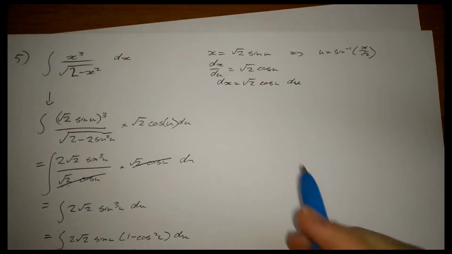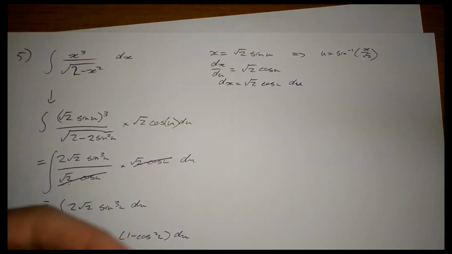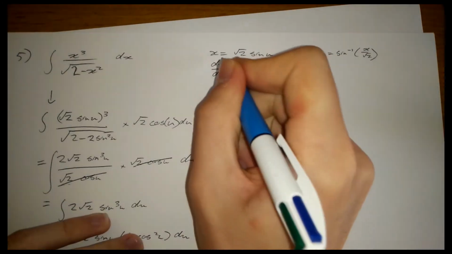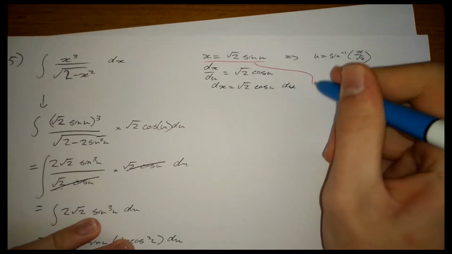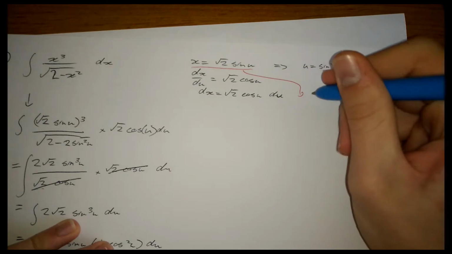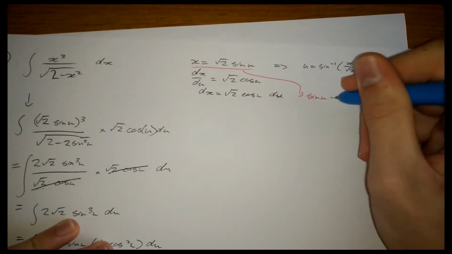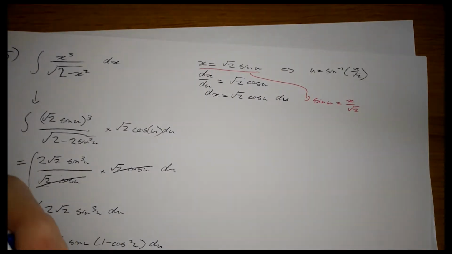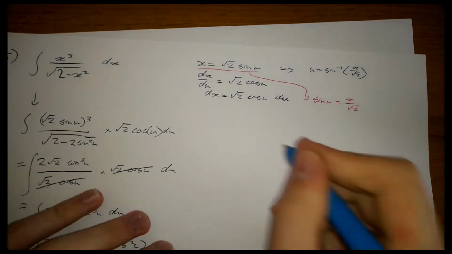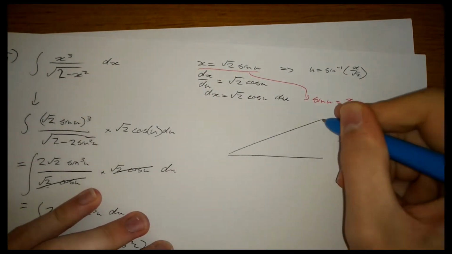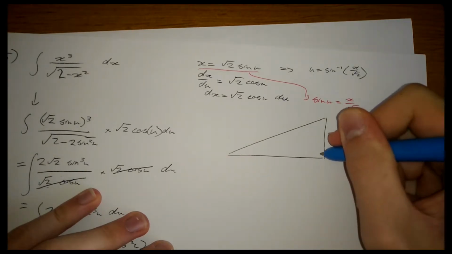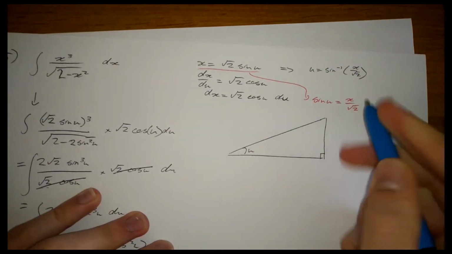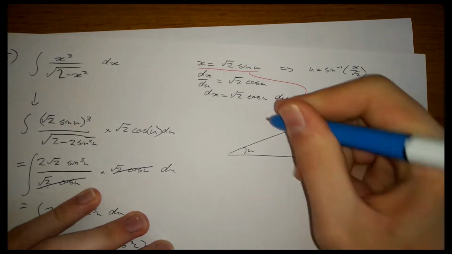Well, if we look up here, what does this actually mean? If we say sine u equals x on root 2, well, sine is just opposite over hypotenuse, isn't it? So if we draw a right angle triangle, this is u, opposite over hypotenuse.